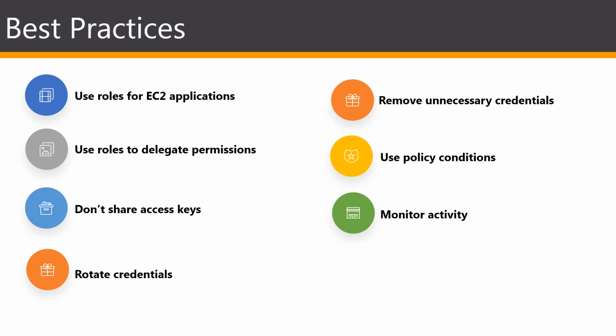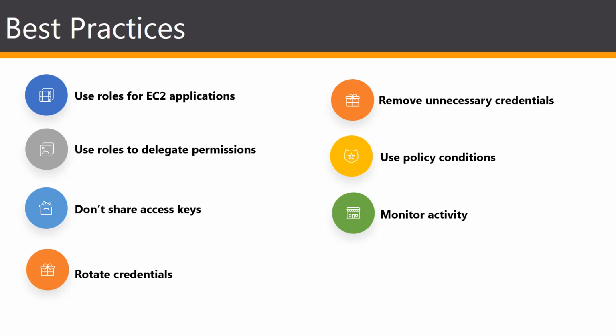Roles also don't have their own permanent set of credentials the way IAM users do. In the case of the EC2, IAM dynamically provides temporary credentials to the instance, and these credentials are automatically rotated for you. Now, when you launch an EC2 instance, you can specify a role for that instance as a launch parameter.